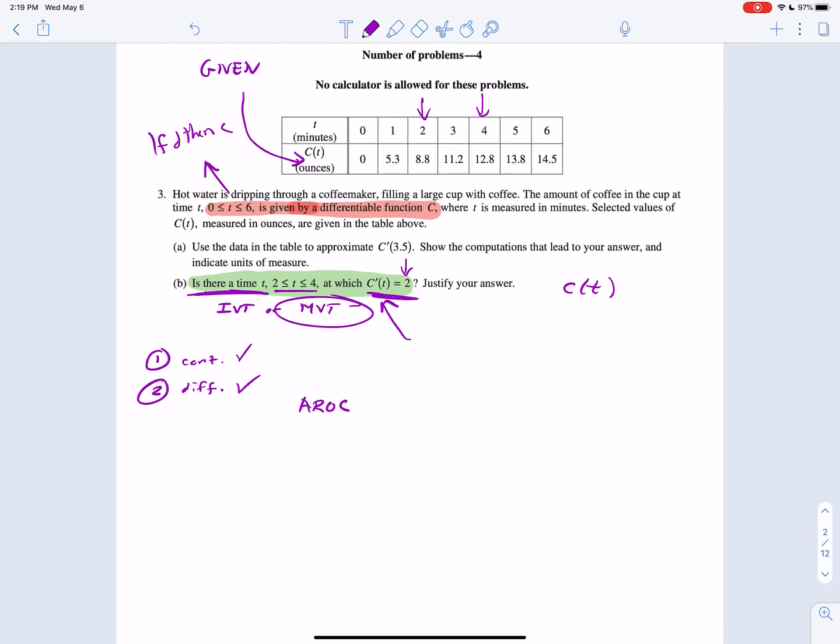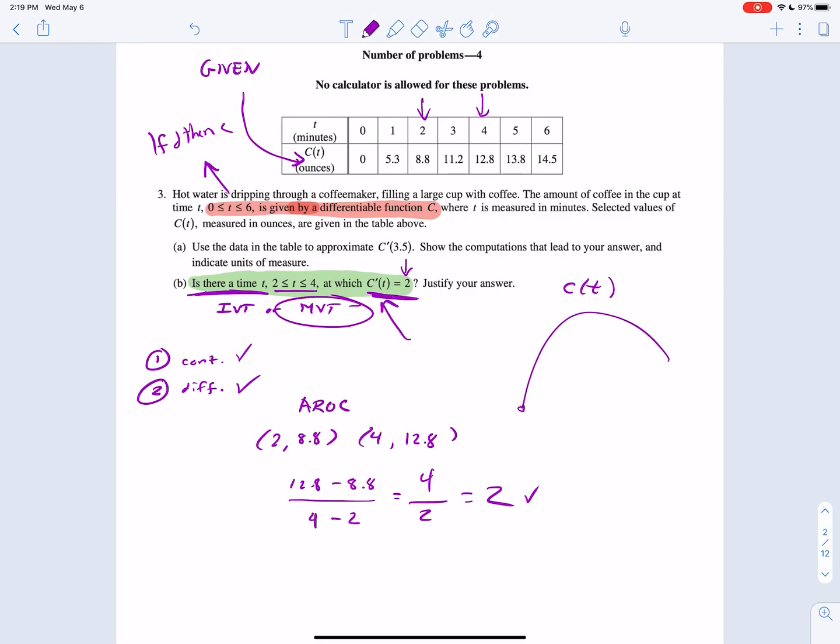Now in this case, you pick 2 points. Now usually it's the endpoints. So at 2 it's 8.8 and at 4 it's 12.8. All right. And if I find the average rate of change, it'll be 12.8 minus 8.8 all over 4 minus 2. That comes out to 4 at the top, 2 at the bottom. This comes out to 2 there. So that's the average rate of change.